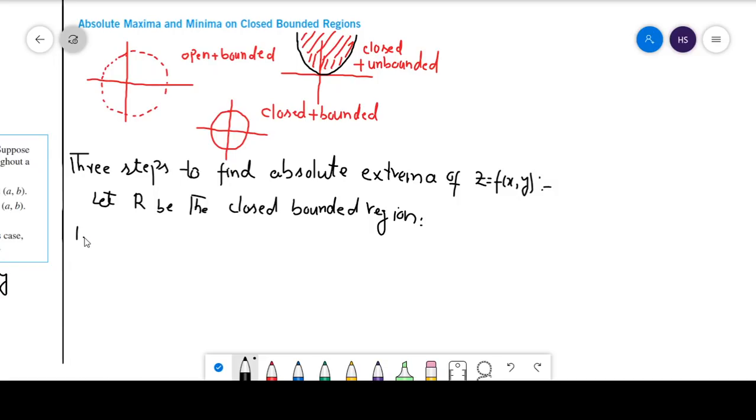The first step is to check the interior points of this closed bounded region.